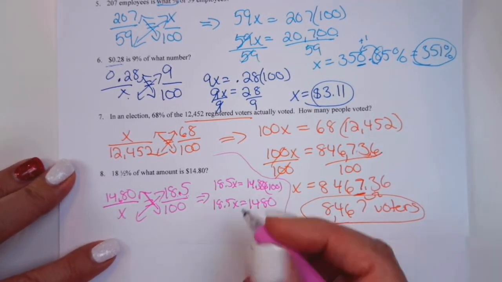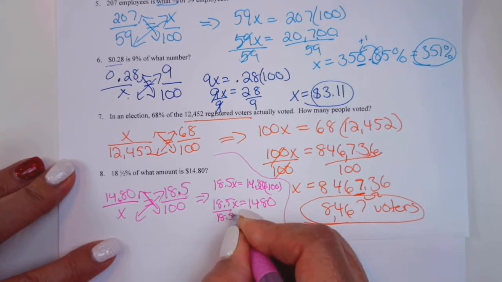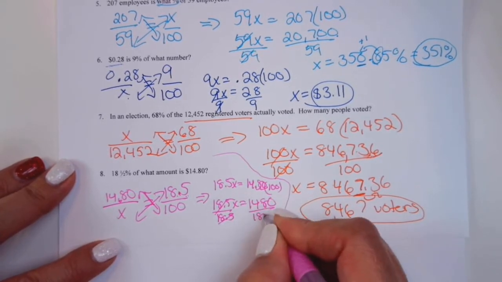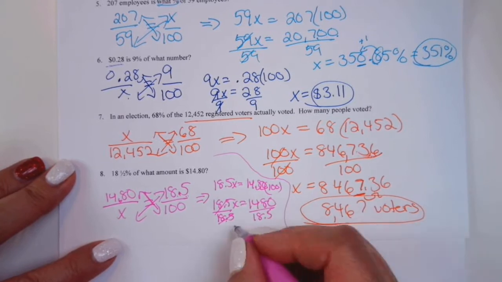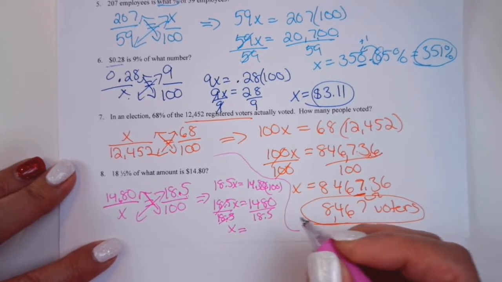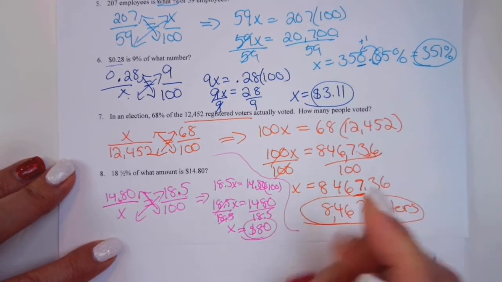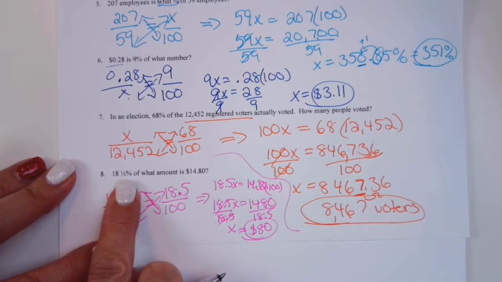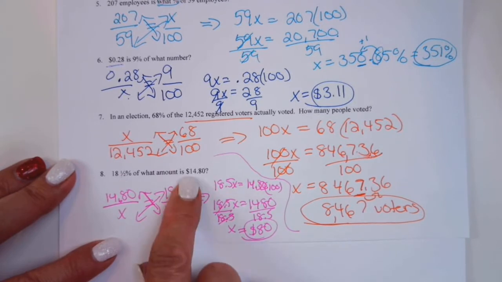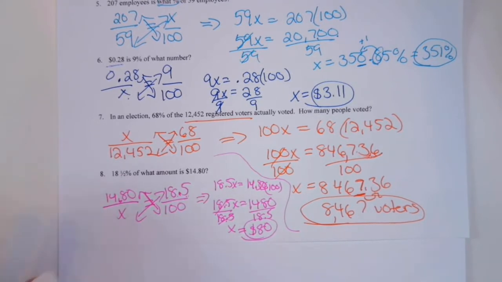And divide by 18.5 both sides. So 18.5 divided by 18.5 is 1. And when we do this calculation, we get 80. So it's $80. So 18.5% of $80 is $14.80.